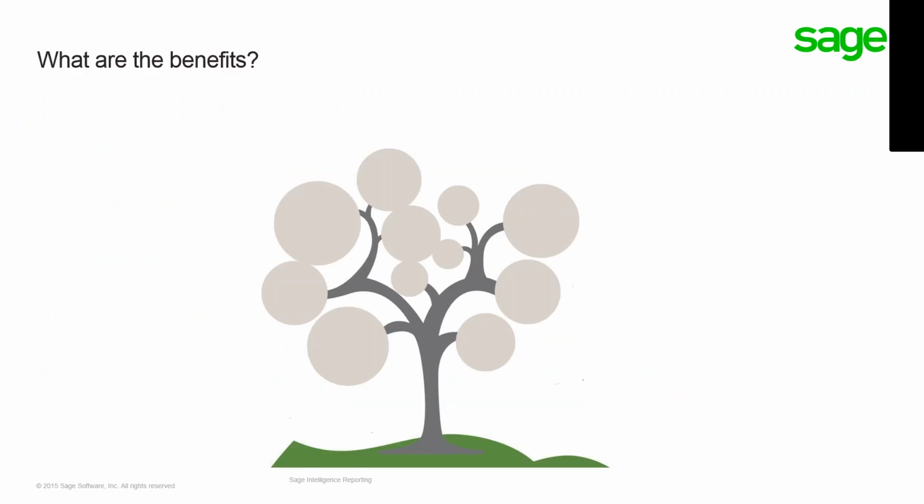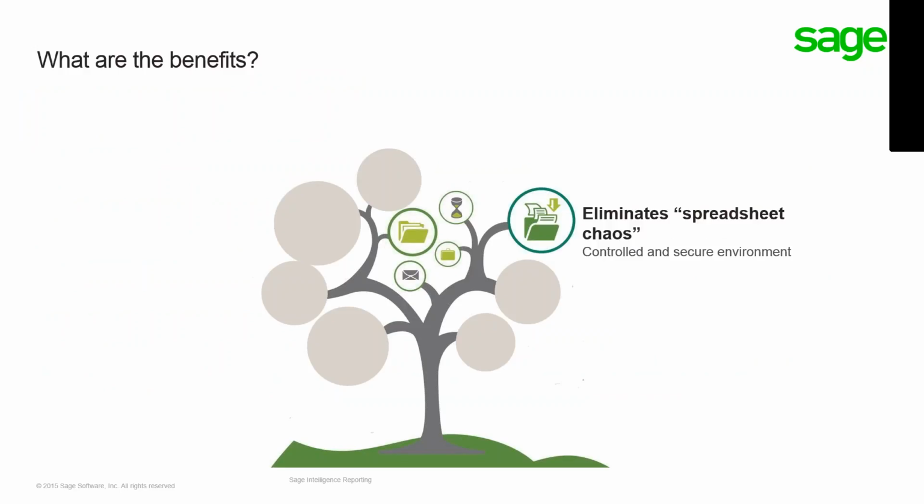So what are the benefits of Sage Intelligence? First of all, it is going to help you eliminate spreadsheet chaos. Now I kind of see this from two ends. I see spreadsheet chaos even when I'm demoing Sage 100 to people who are on older systems and or smaller systems like QuickBooks or Sage 50 that have outgrown their system and are trying to manage with spreadsheets.